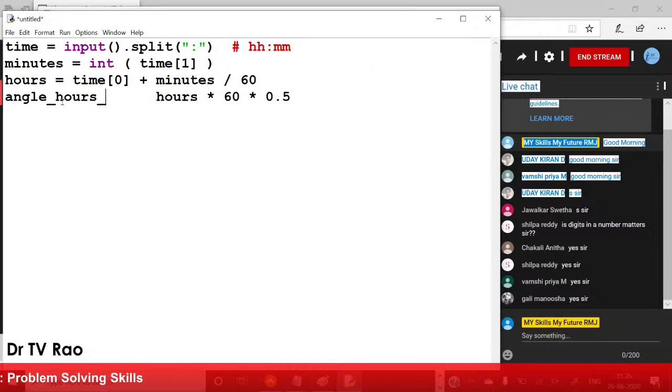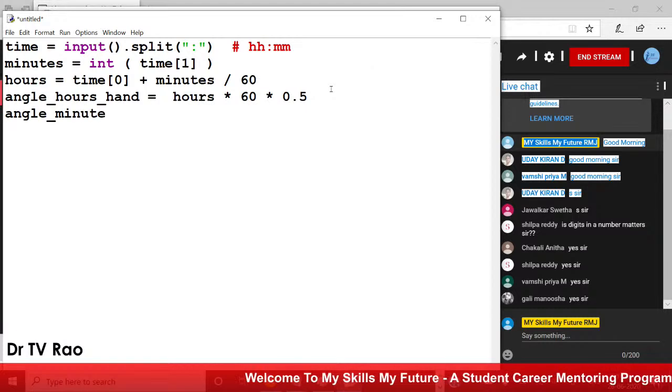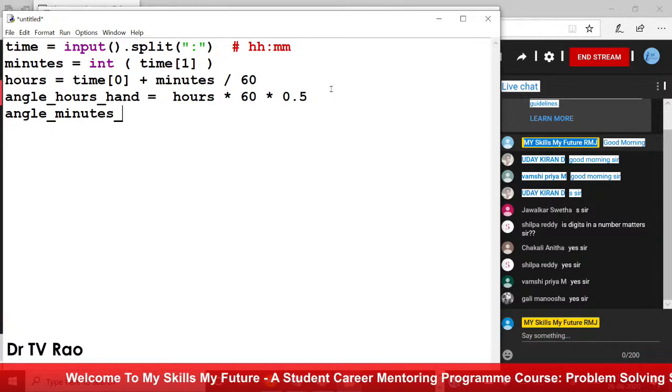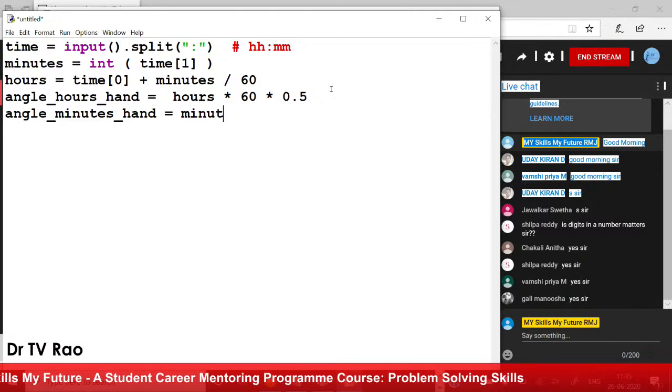Now, angle rotated by the minutes hand. The angle rotated by the minutes hand is equal to minutes into, for each minute how many? I don't remember.